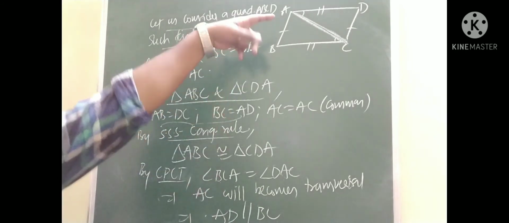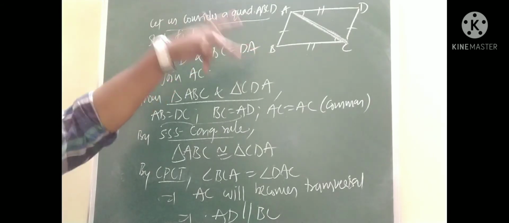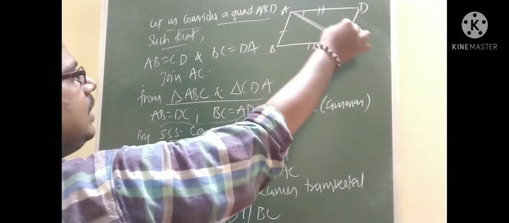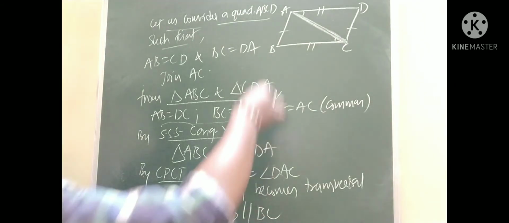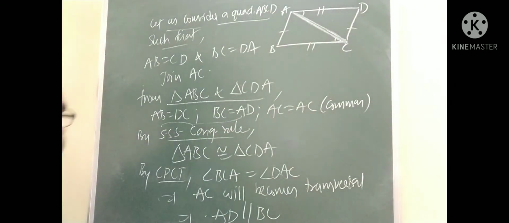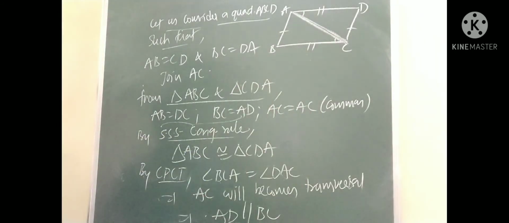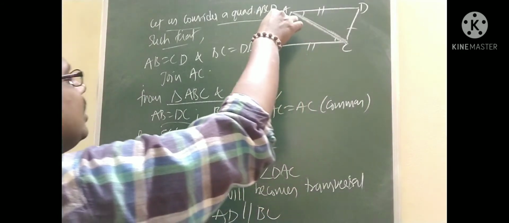Already we know that AD is equal to BC. One pair of opposite sides becomes equal and parallel. Definitely when you do the other one, similarly we can prove that AB is parallel to CD. So AD is parallel to BC, we got this, right? And at the same time, similarly we can prove that CD is parallel to AB.